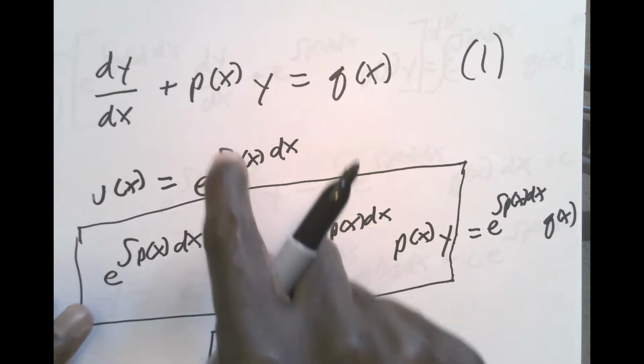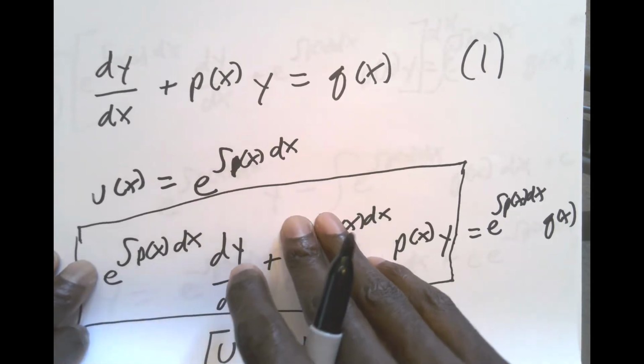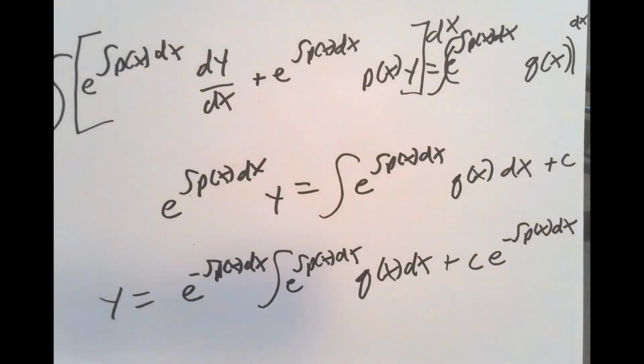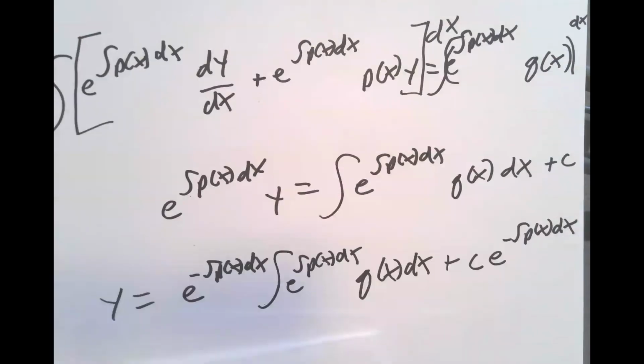And I want to quickly show you the solution to the associated homogeneous situation, because you'll see it within this solution here. So again, this is our 1 here. That's our general form of our first order linear differential equation.